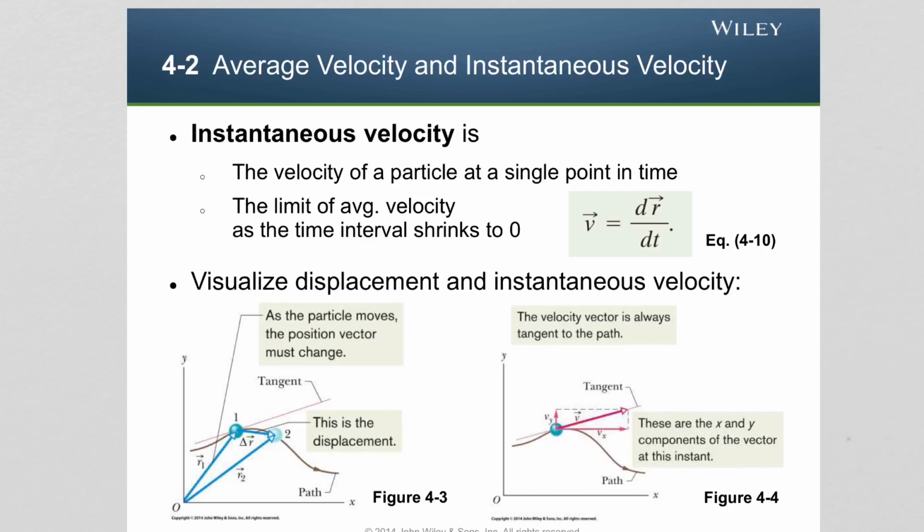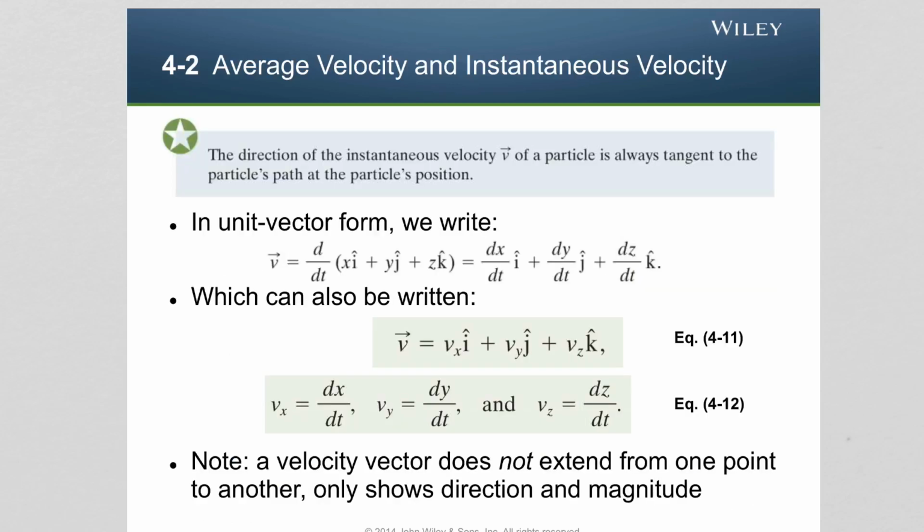It has an x component and a y component. If the motion was 3-dimensional, then the instantaneous velocity would also have 3 components: x, y, and z components. And so it is very important to remember that the direction of the instantaneous velocity v of a particle is always tangent to the particle's path at the particle's position.